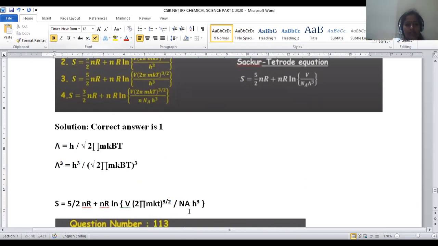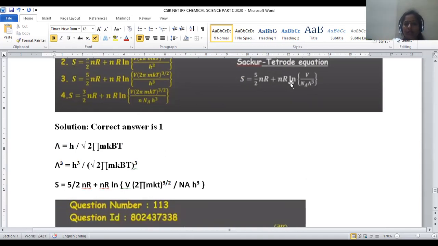If you are taking lambda cube, because within the equation lambda cube is provided, then h cube by (under root 2 pi m kB T) cube will be there. So the denominator will come to the numerator. That's the reason why it will be converted into (2 pi m kB T) power 3 by 2.